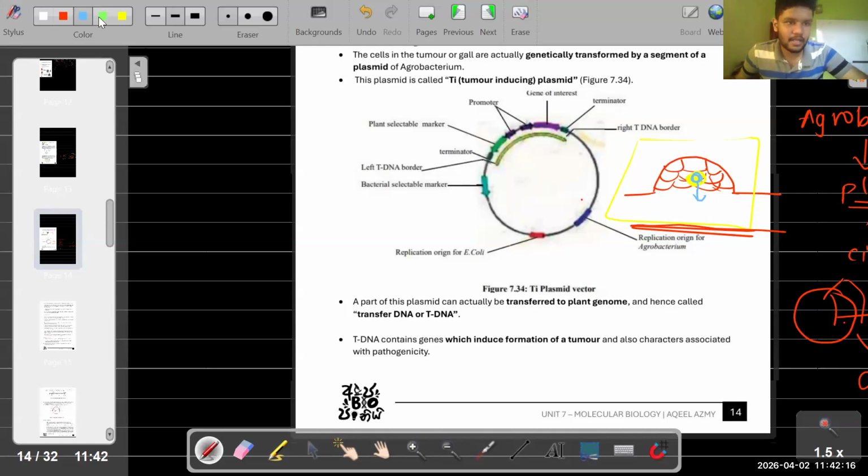I'll give green color for the plant genome. Plant genome means the collection of genes. So a part of the plasmid of the Agrobacterium is being transferred into the plant genome. That DNA is called transfer DNA.